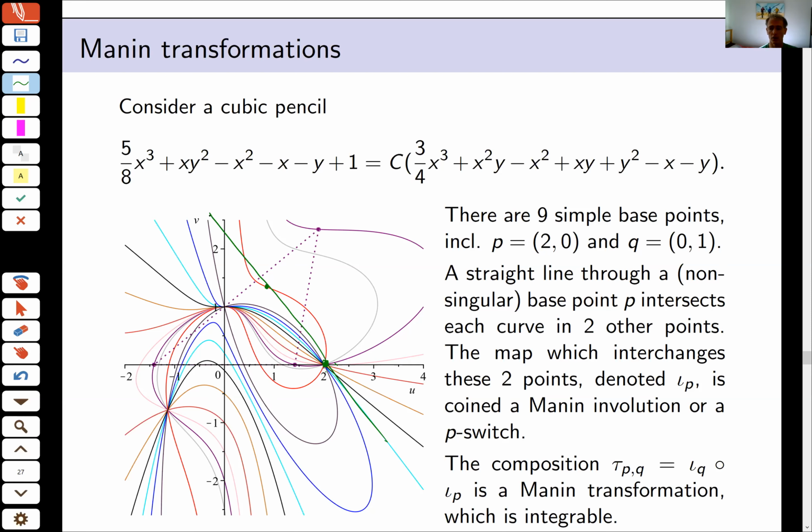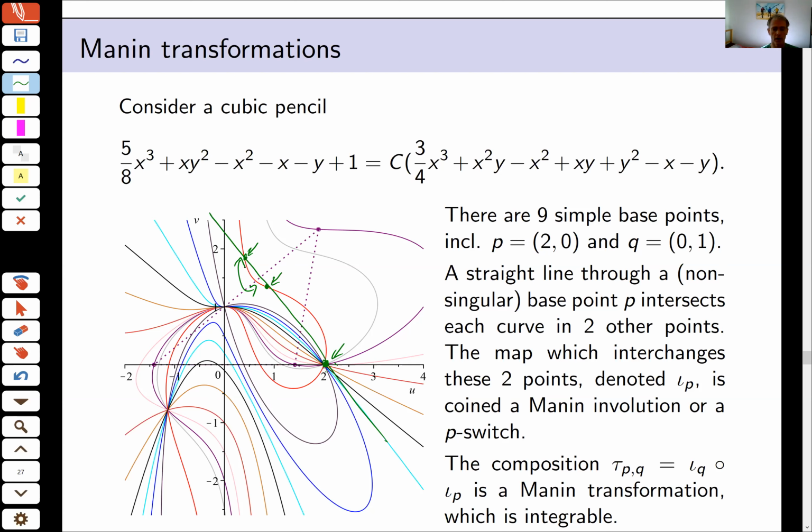We know there's only going to be one, because in general there will be three. One we started with, this is the base point, so there's one other one. So now the map, the involution, is going to interchange these 2 points.